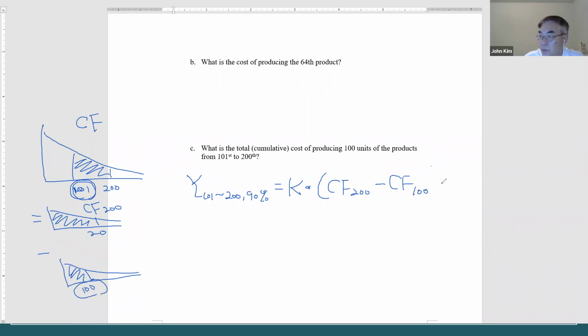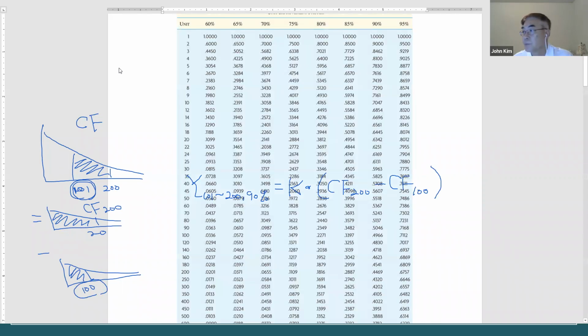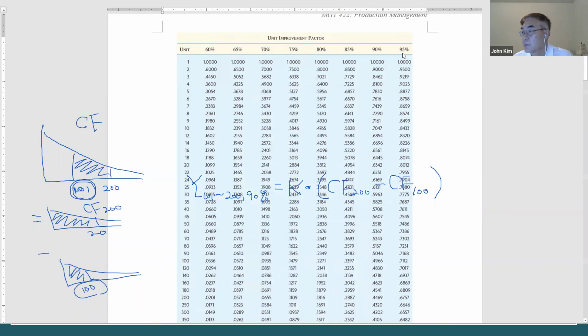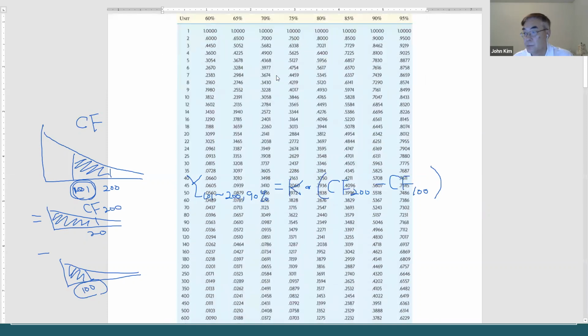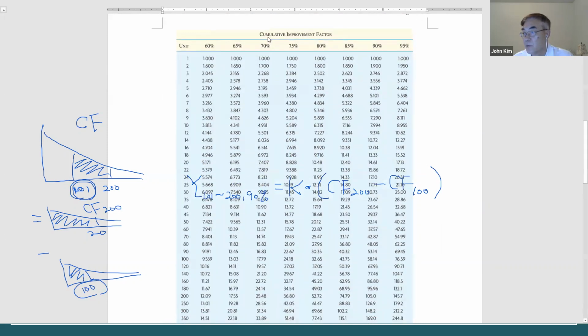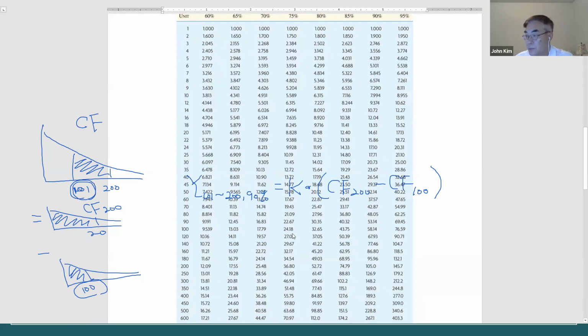So we use the cumulative improvement factor chart, the second one, not unit. For 100, the cumulative factor 200 is 105, and the cumulative factor 100 is 58.14.